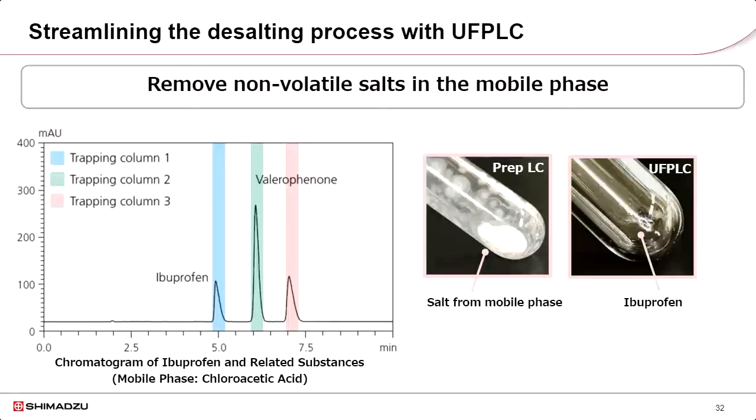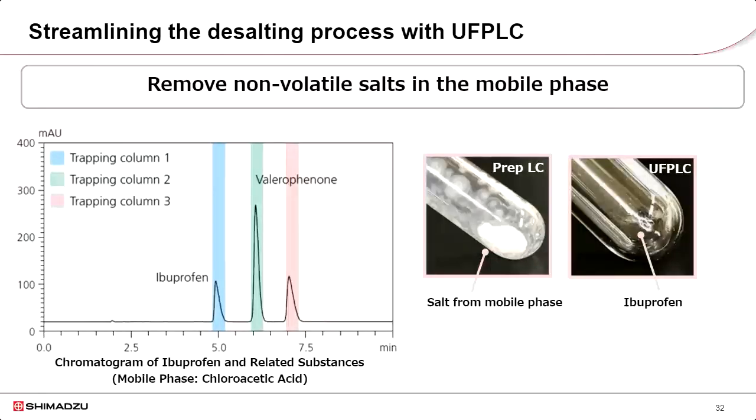In the case of purifying ibuprofen using a mobile phase that contains non-volatile salts, such as ammonium dichloroacetate, conventional LC methods would collect ibuprofen along with the salts derived from the mobile phase. However, with UFPLC, ibuprofen can be collected in a state free from the salts.